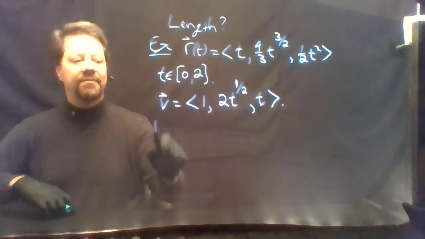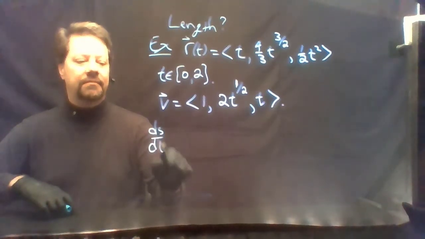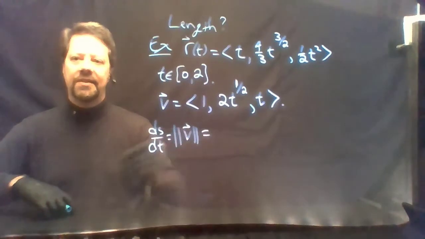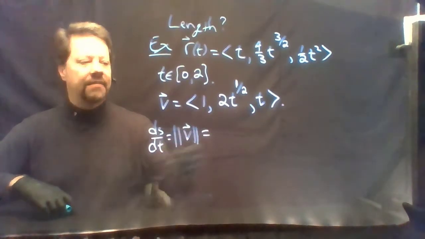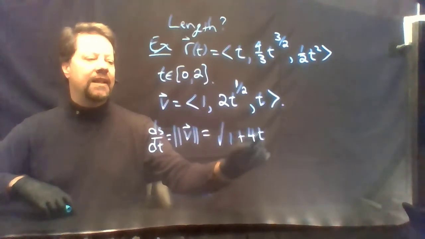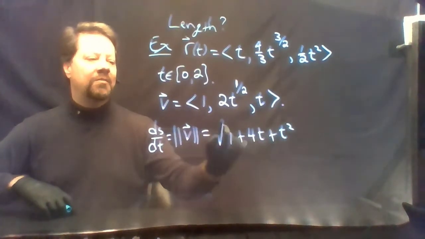The speed is the norm of the velocity vector. That will be the square root of 1 plus 4t plus t squared.